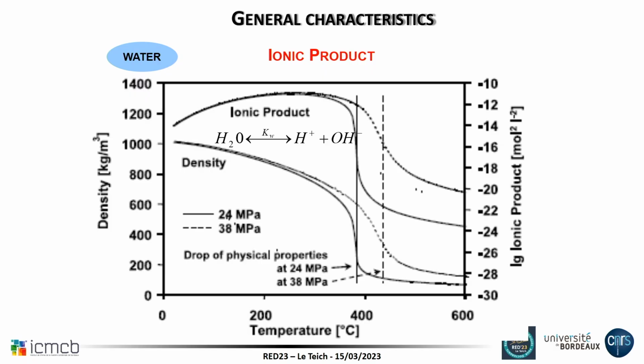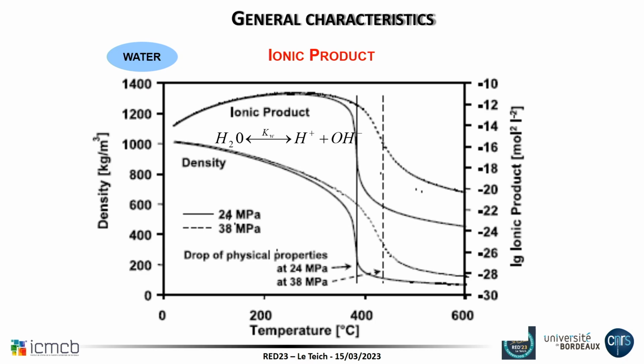And interestingly also, what I wanted to show you is the ionic product of water in terms of chemical reactivity. It's this curve. It goes from the famous 10 to the minus 14 at room temperature, Kw, up to 10 to the minus 11, so 3 orders of magnitude higher, meaning the dissociation.